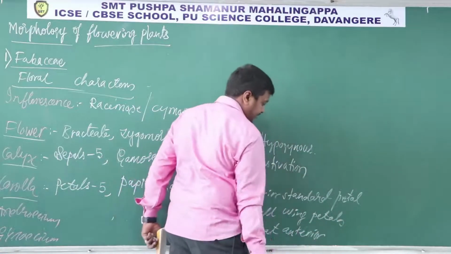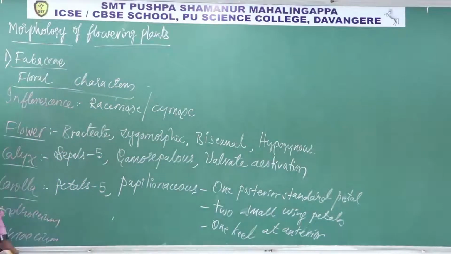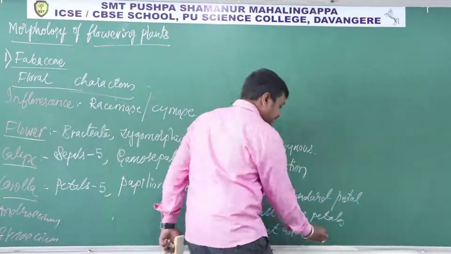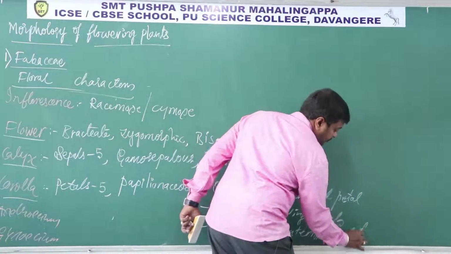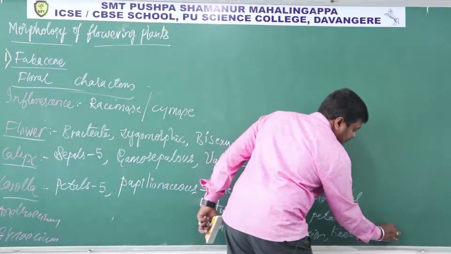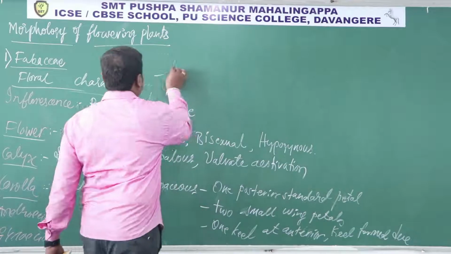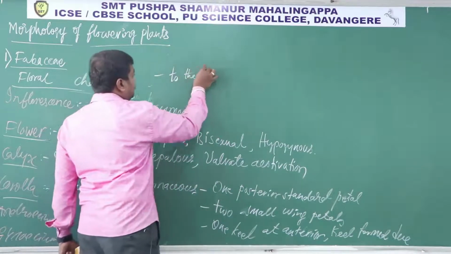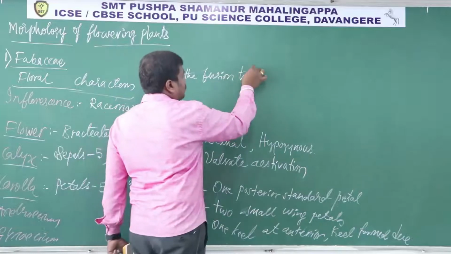One keel at the anterior. That keel is formed due to the fusion of 2 petals. At the anterior, the keel is formed due to the fusion of 2 petals.